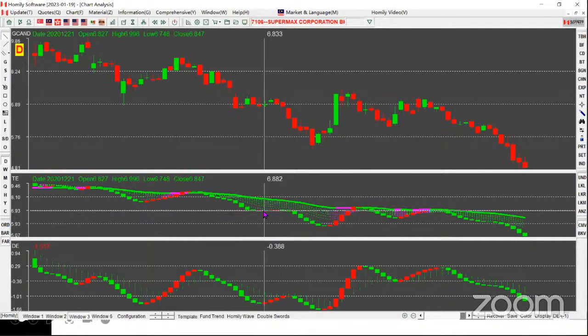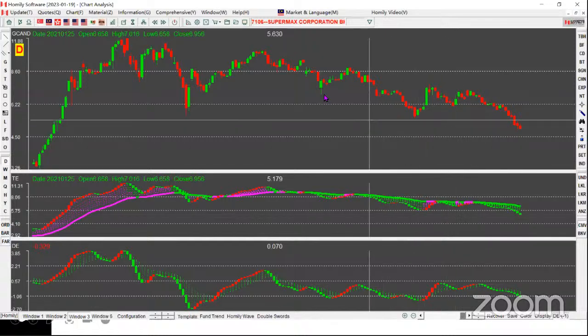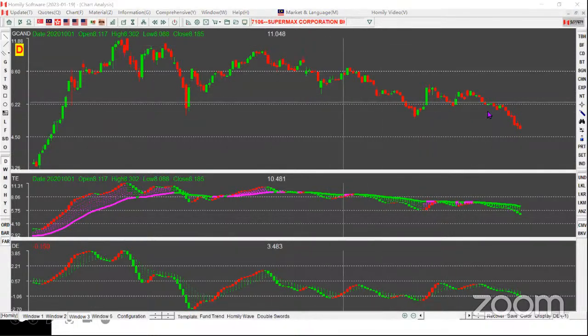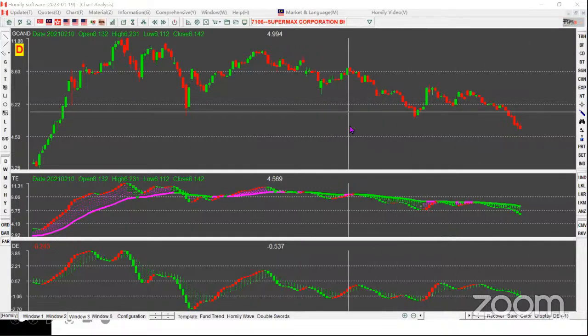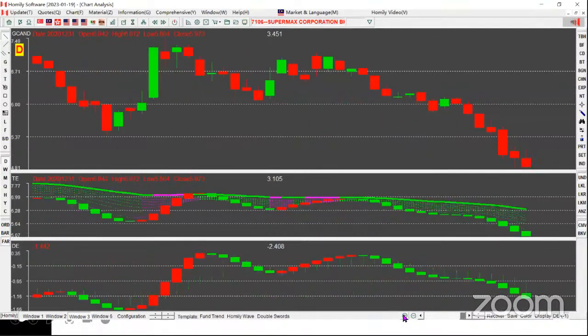But after I compare many charts, I find an interesting sign for these 2 indicators. When the stock is in a downtrend, for example this stock Supermax, in a downtrend for the recent months, the Deviation Expert will give the faster buy and sell signal.